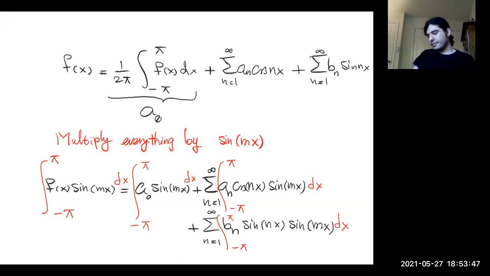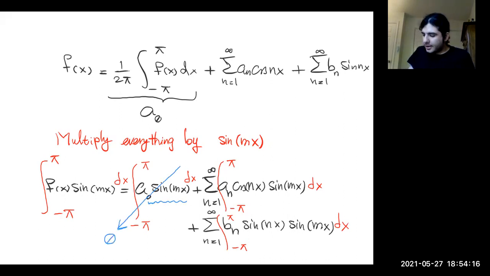Again, we know the value of some of these integrals. For example, here we have the integral of a constant times sine of mx. And we just saw the integral of sine of nx or mx, doesn't matter, is 0. So this integral would be 0.